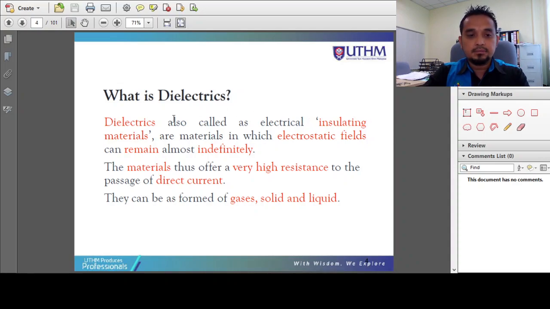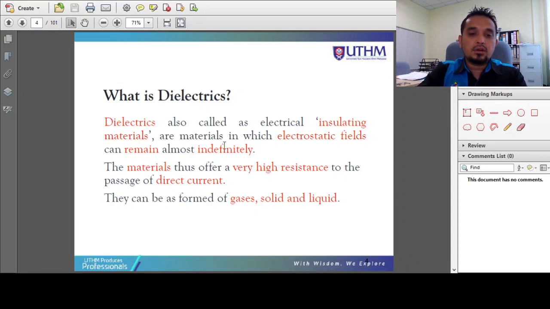As we know, the role of the insulator is to prevent current flow by providing very high resistance to the flow of current. In all dielectric materials, the electrostatic field will remain almost indefinite.